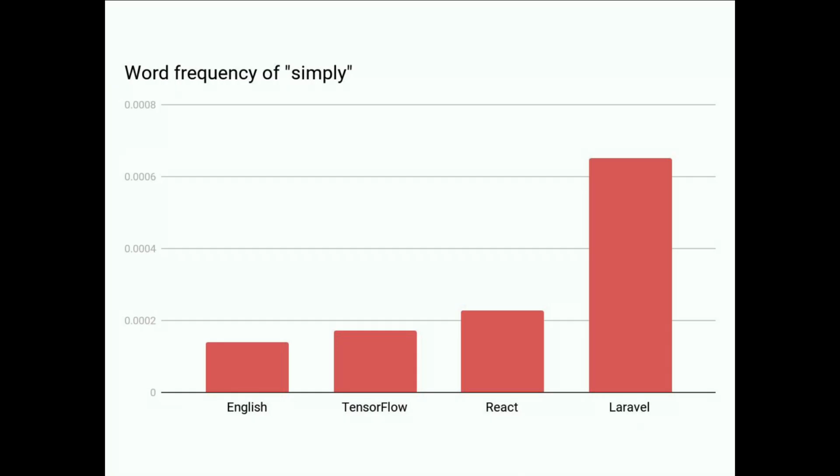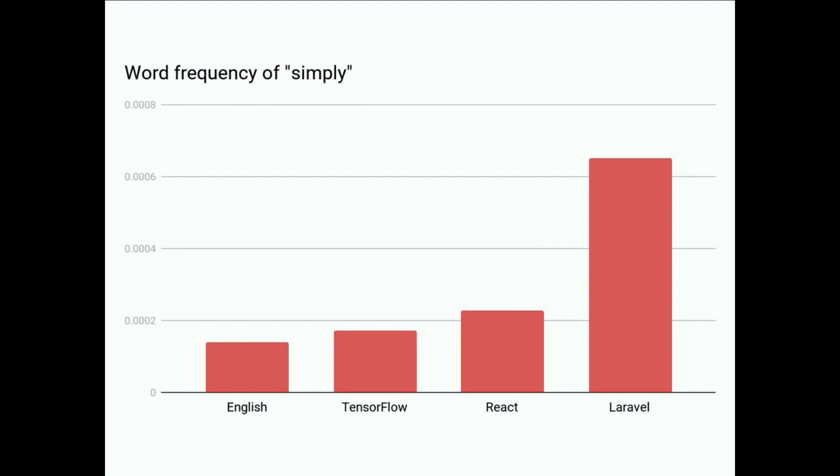You can see here the frequency of the word simply. On the left, you can see this in English, so the frequency of the word in casual English conversation. And on the right, the rightmost 3, you can see the frequency of the word in 3 popular software projects, TensorFlow, React, Laravel.